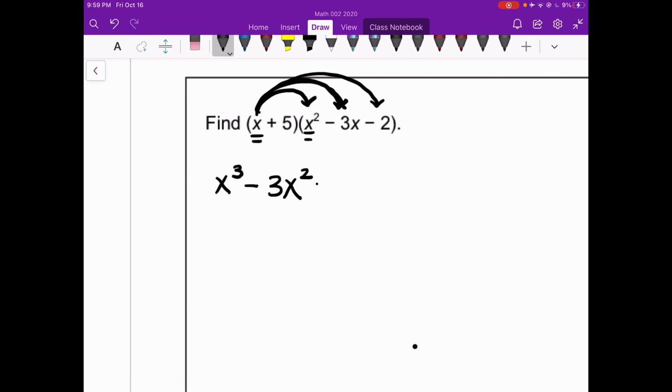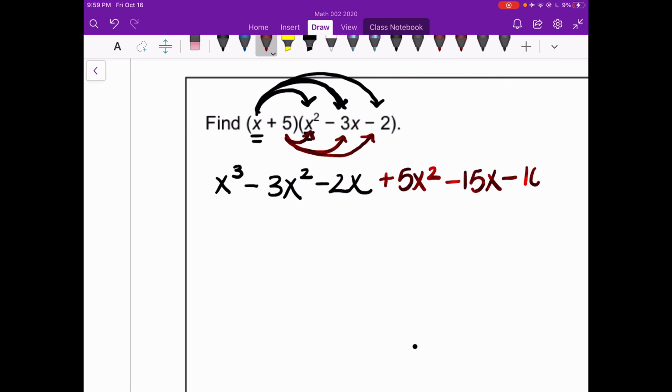X times negative 2 is negative 2x. Then you do the next part. 5 times x squared is plus 5x squared. 5 times negative 3x is negative 15x. 5 times negative 2 is negative 10.